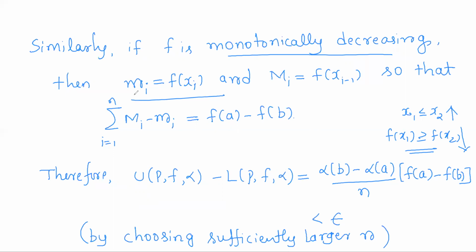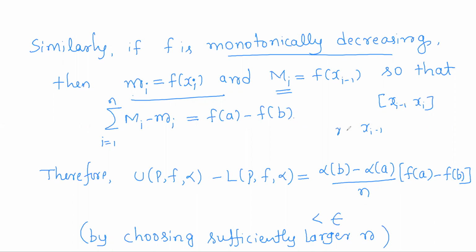So in that case, the infimum of all f of x will be f of xi, and capital Mi, that is the supremum, the least upper bound, will be f of xi minus 1. See here, in the interval xi minus 1 to xi, the domain point starts from xi minus 1 and goes up to xi.